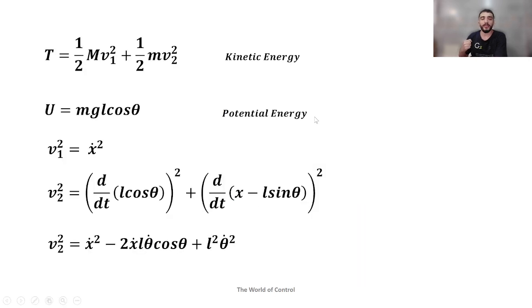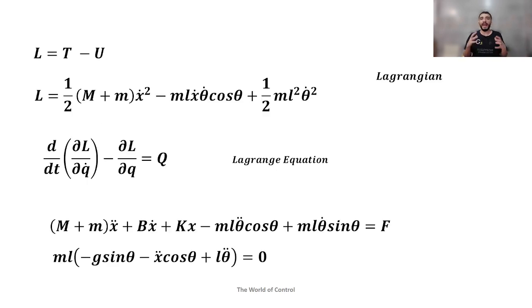For deriving the equations of motion with the Lagrange method, we need to write the kinetic energy and the potential energy of this system. As you can see, with these equations here, we can obtain the kinetic energy and the potential energy of this system. And with the kinetic energy and the potential energy, we can have the Lagrangian of the system, and by applying the Lagrange equation to this Lagrangian here, we can obtain these two equations here.